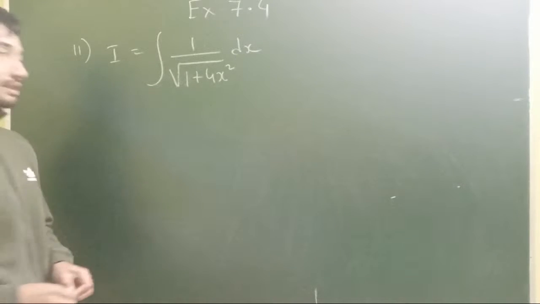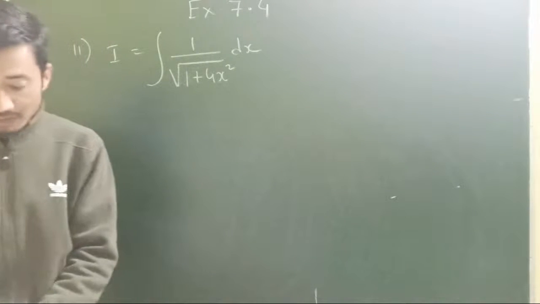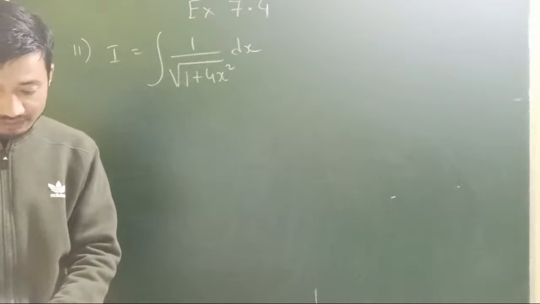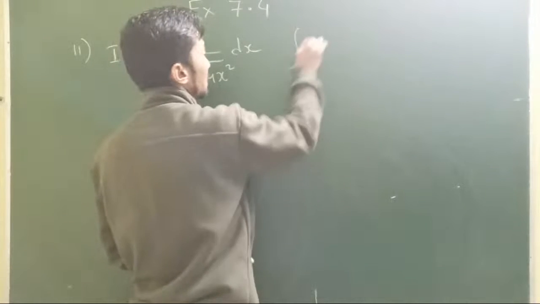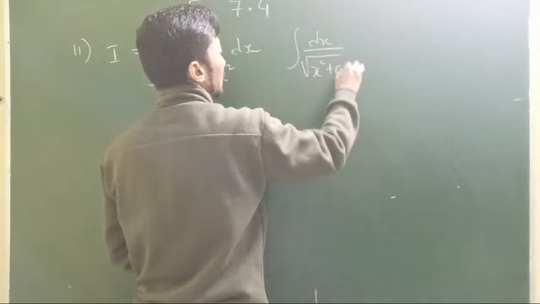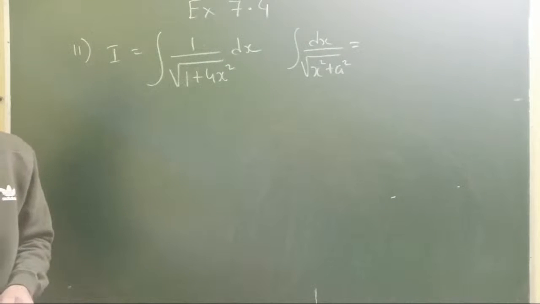Now here, of course, the best way to do is follow the model that is given to us. The formula is integral of 1 by root over of x squared plus a squared. What was that? You can check out your book. What was the formula for that?